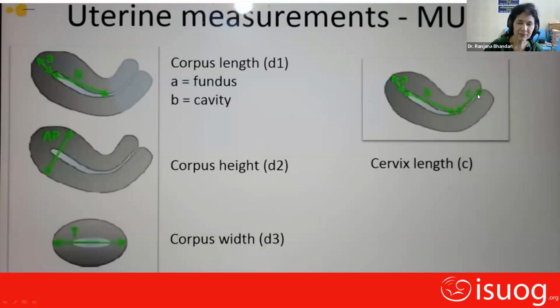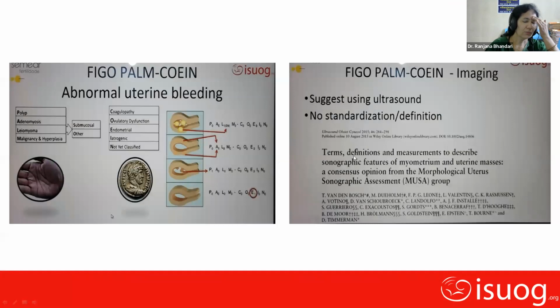So the MUSA consensus statement says that the corpus length is this length A plus B, corpus height is this, and corpus width is this. And we have to add cervical length in order to find out the total length of the uterus.